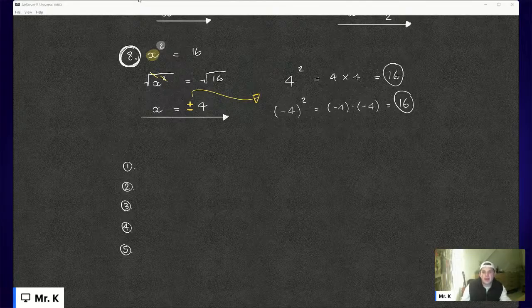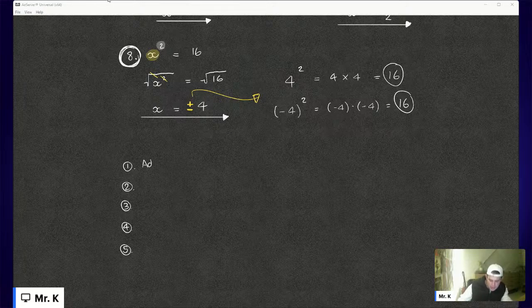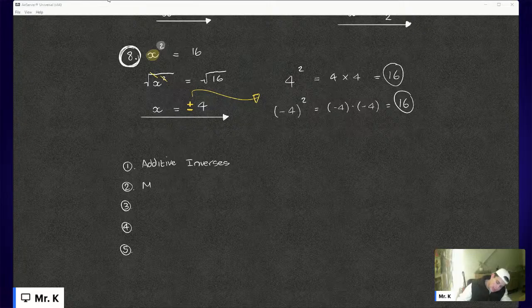So what are the 5 tools that we can use whenever it comes to solving an equation? Let's wrap up. Number 1, we can use our additive inverses, right? In other words, we can move values that are being added or subtracted around the equation by changing their sign as we move them over the equal sign.